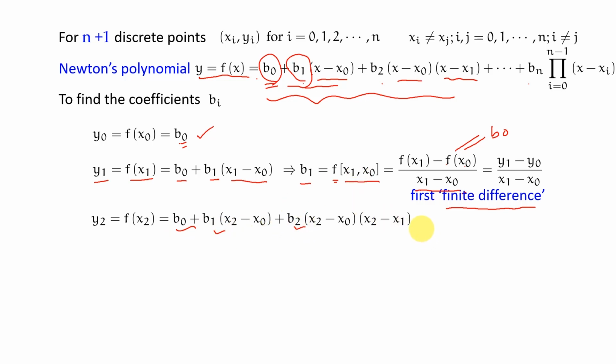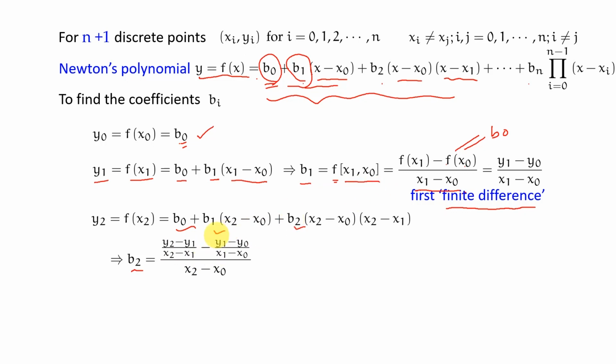Everything else in this polynomial will go down to 0, which means we can write f(x2) equals b0 plus b1 (x2 minus x0) plus b2 (x2 minus x0)(x2 minus x1). I can then simplify it. If I simplify it, I find that b2 equals y2 minus y1, divided by x2 minus x1.